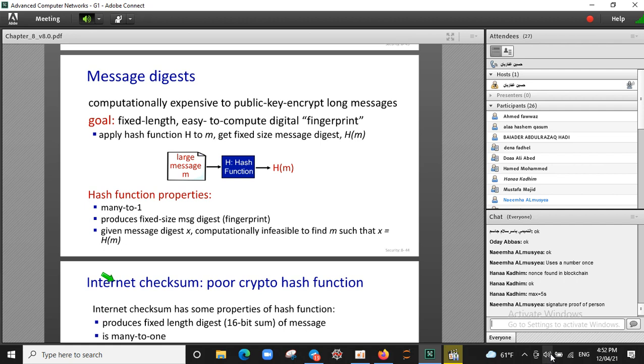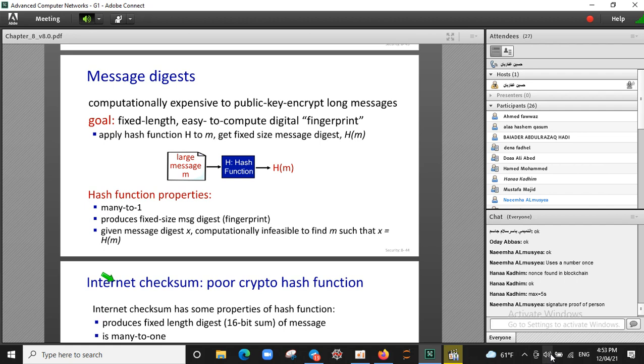If I do that, I can find a simpler form to put at the end of my message. So I'm looking for a fixed length, easy to compute digital fingerprint.